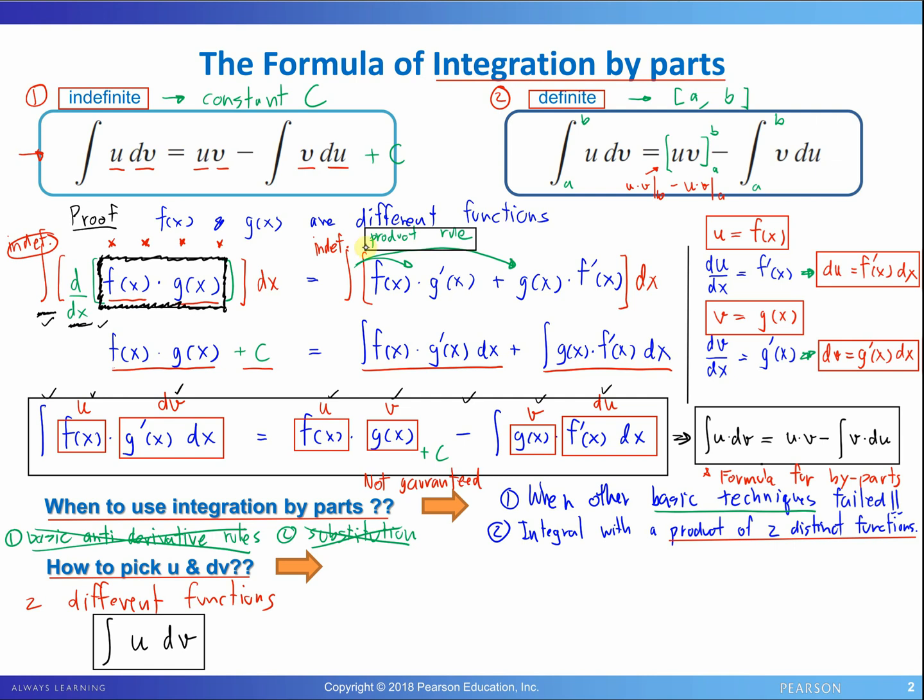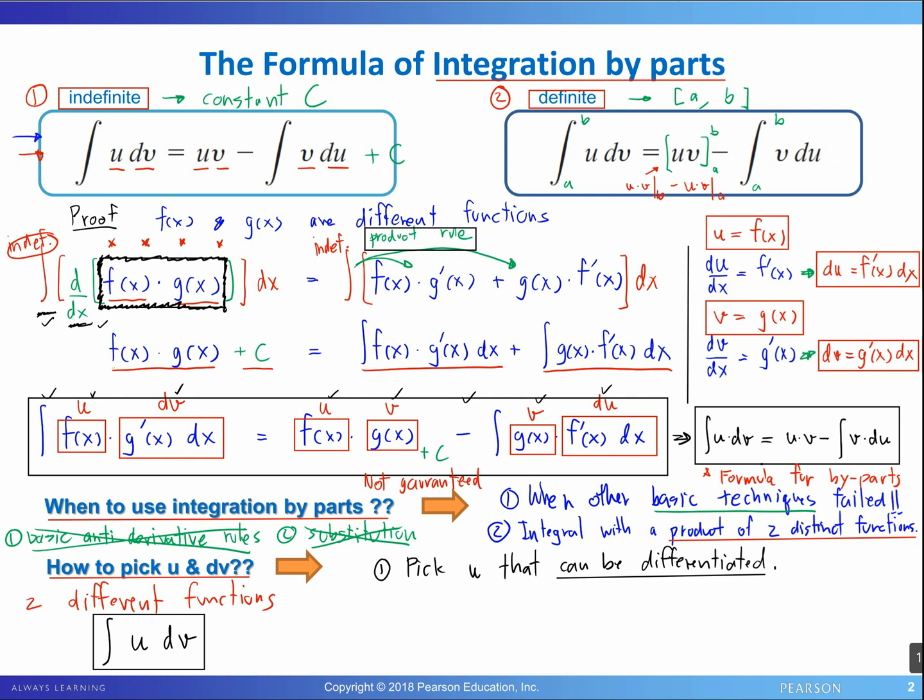Number 1, you pick u that can be differentiated. Why is that? Let's take a look at the formula at the top left, right here.